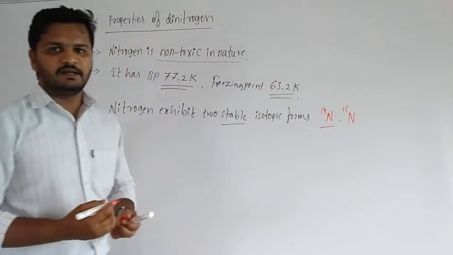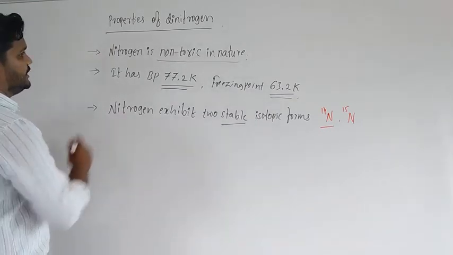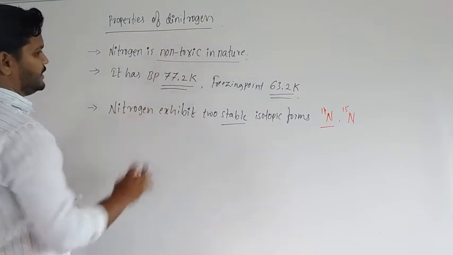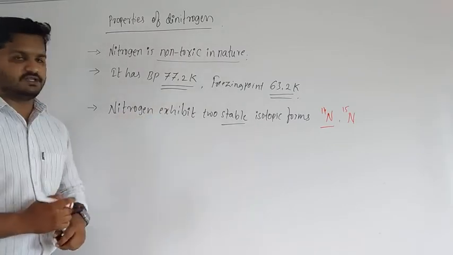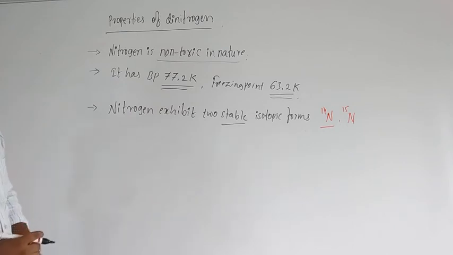These two are the stable isotopic forms. And next one, nitrogen has a non-toxic nature, boiling point 77.2 Kelvin, freezing point 63.2 Kelvin. Nitrogen exhibits two stable isotopic forms. Okay, student.